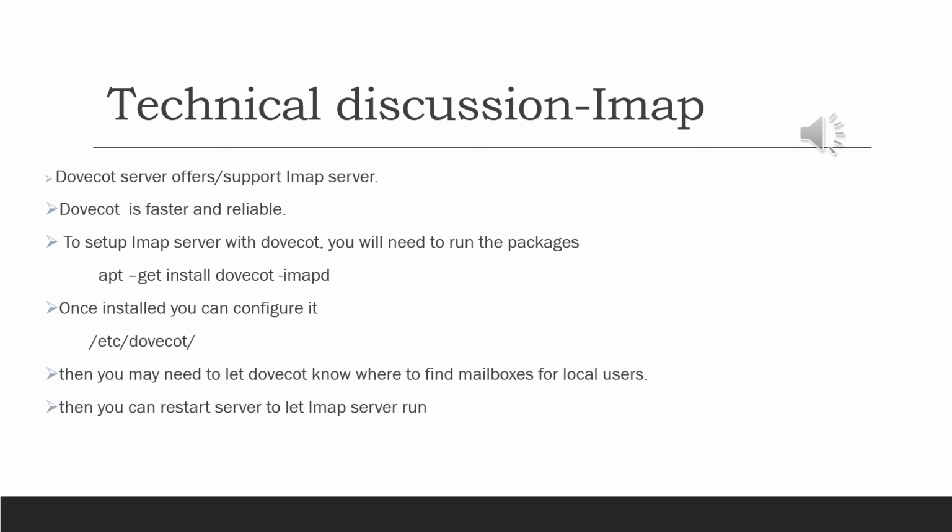For example, I have a command here: apt-get install dovecot-imapd. Once you install, you can configure it in /etc/dovecot/. Then you might need to let Dovecot know where to find mailboxes for your local users. After doing that, you can restart your server and let IMAP run.